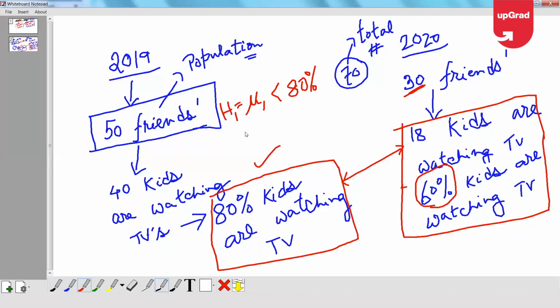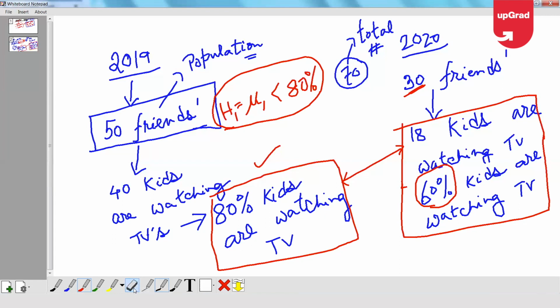Mu1, just consider any other variable. So that is what my hypothesis is looking at these two data, right? My intuition is that people are watching less TV from 80%. So my mathematical representation is H1: mu1 less than 80%. Fair enough.